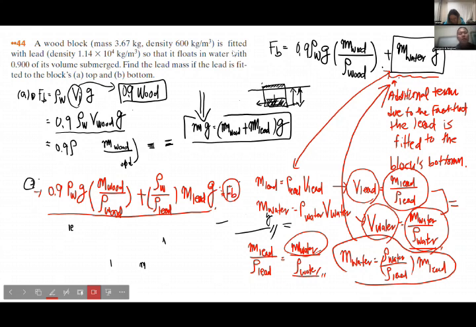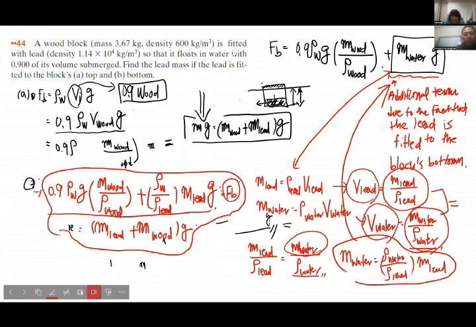That buoyant force, as I said, should be the same as the downward force of gravity on this block. So that should be the same as mass of lead plus mass of wood times G. Okay, so you have the complete equation: the buoyant force is the same as gravity.